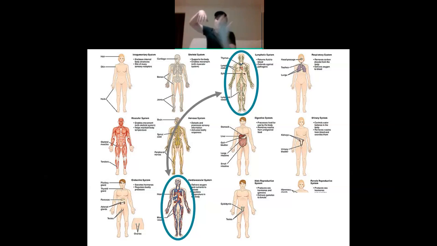But some of it leaks out regardless. So the lymphatic system is almost like a drainage that catches anything that leaks out from your vascular system. They're very much connected together.